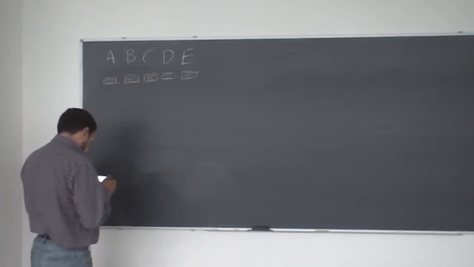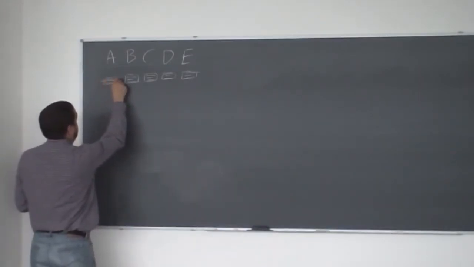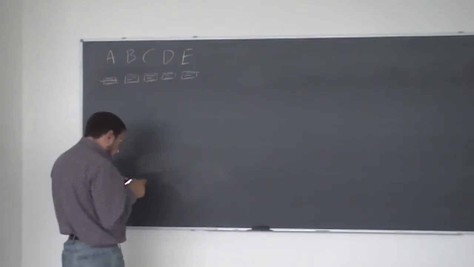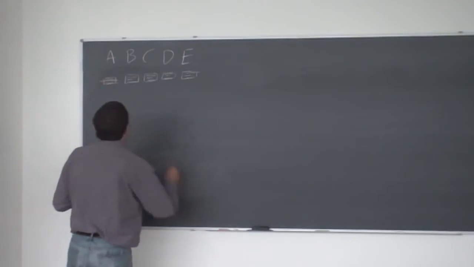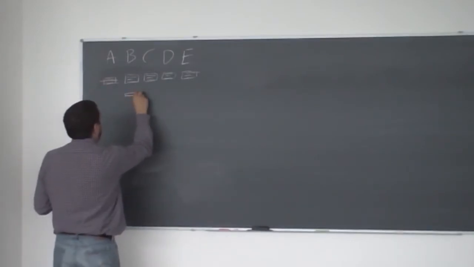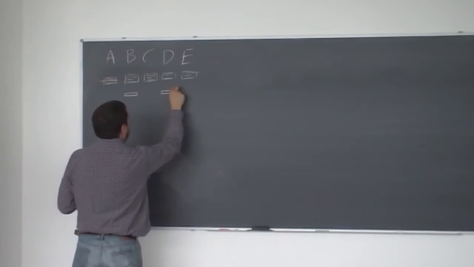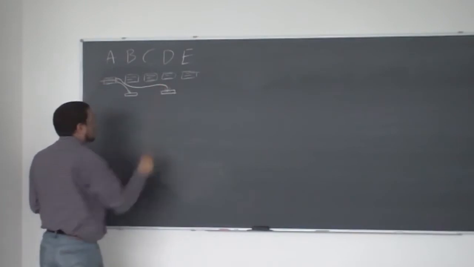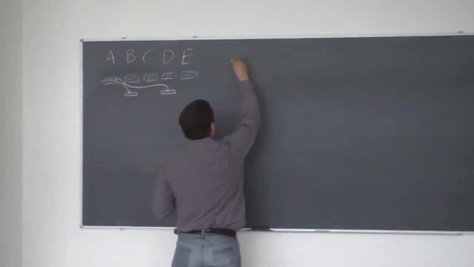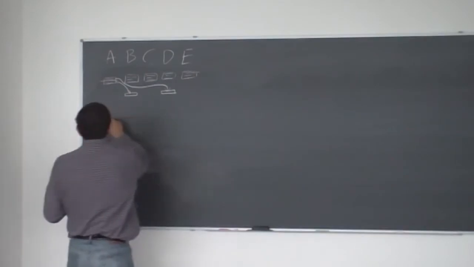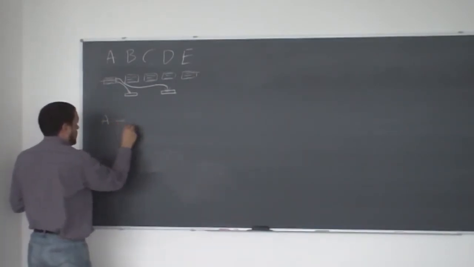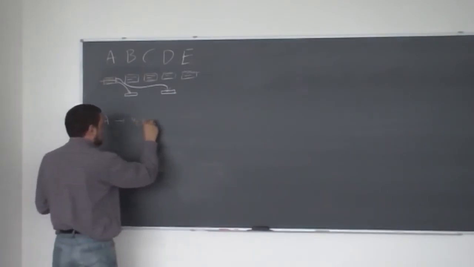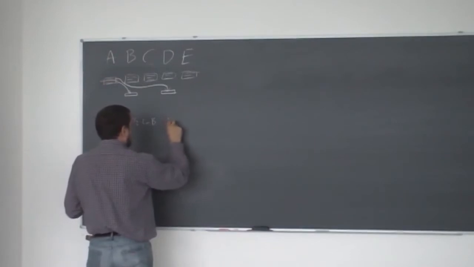Al splits his deck into 2 parts and gives the 2 halves to Bob and to Dave. Let me write it here. A gives 1/2 of his deck to Bob and 1/2 to Dave.